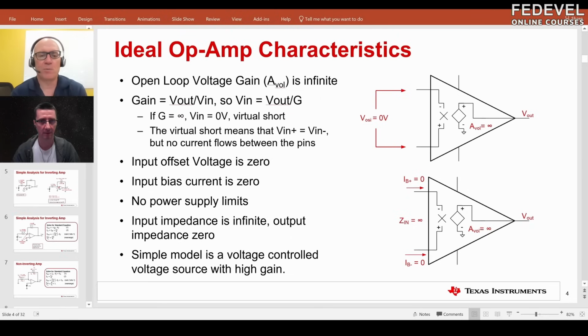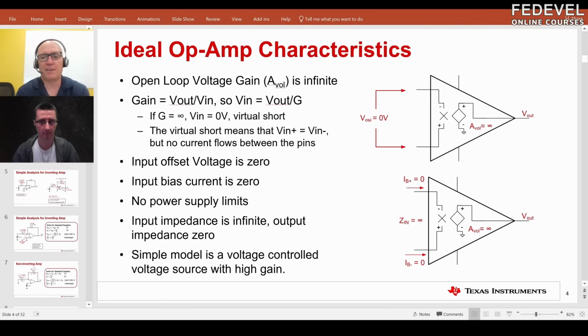The reason you start with the ideal amplifier is because that's easy to analyze. Then, after you understand the operation of the ideal amplifier, you start adding in non-idealities to make it closer to reality. But the truth is that most op amps are not far from the ideal. I mean, they're actually pretty close.